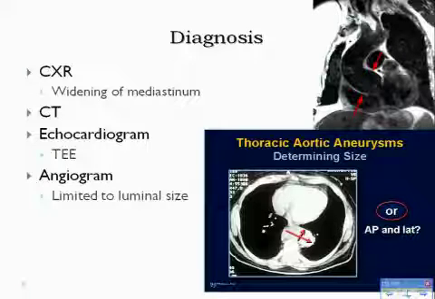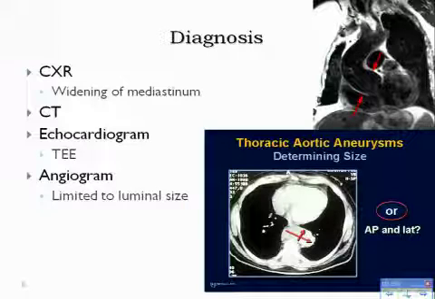Some people use angiograms. In this country, we've pretty much gone away from that. The biggest problem with angiograms is that mortality rates are around 5%, and it could be higher if you have a dissection going on. You may actually induce the dissection by doing an angiogram on somebody with a large aneurysm. The other issue is that an angiogram only tells you luminal size, not true diameter.